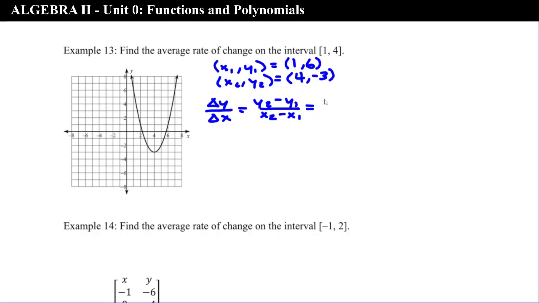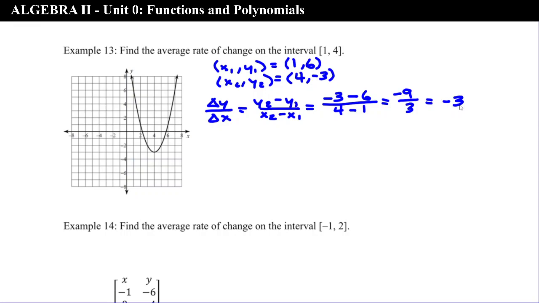So y2 is -3, y1 is 6, x2 is 4, and x1 is 1. So -3 minus 6 is -9. 4 minus 1 is 3. And so our average rate of change is -3.